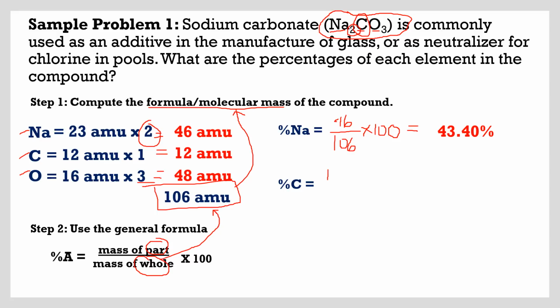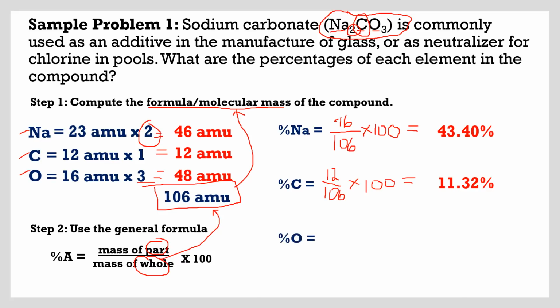Next one is carbon. That is 12 divided by 106 times 100 equals, that will be 11.32%.